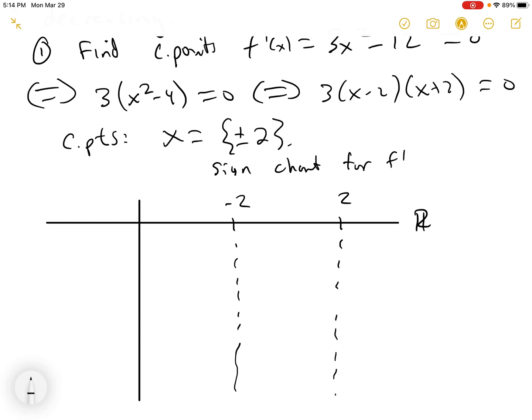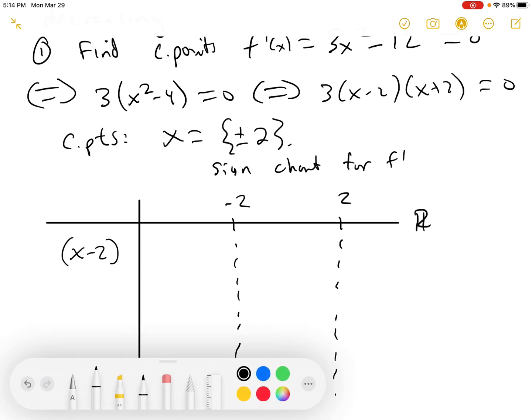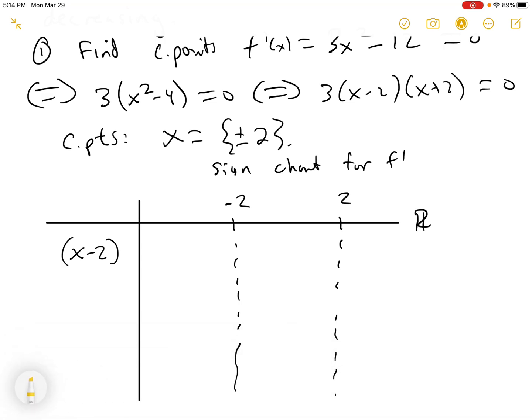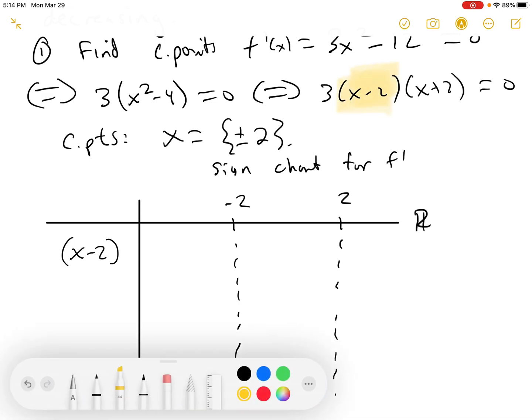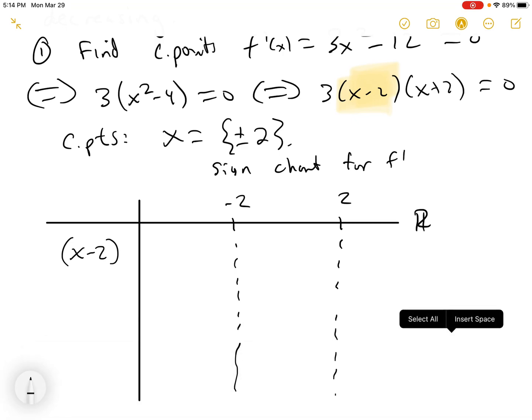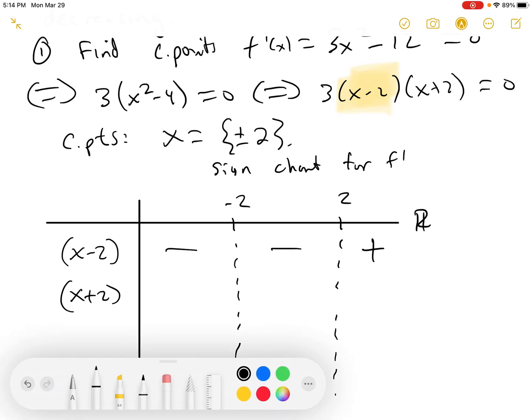And what we do is we parse this derivative out. So first we look at this piece, right? And a quick calculation will show you that x minus 2 is positive to the right of 2 and negative everywhere else.